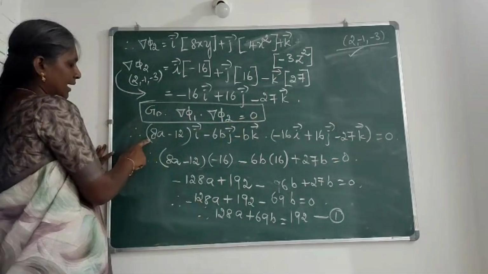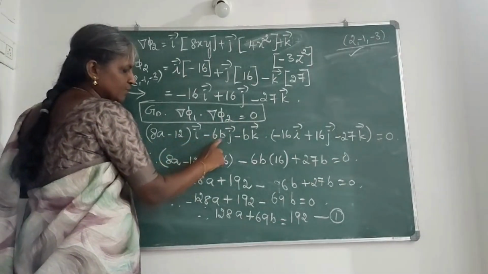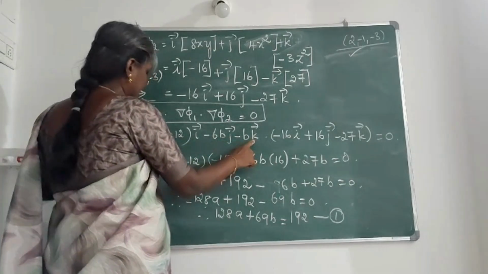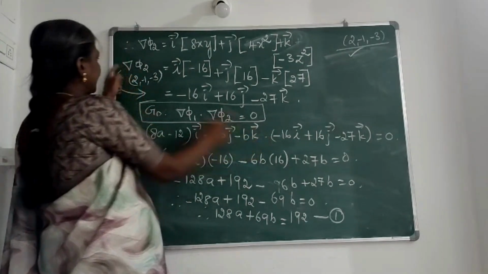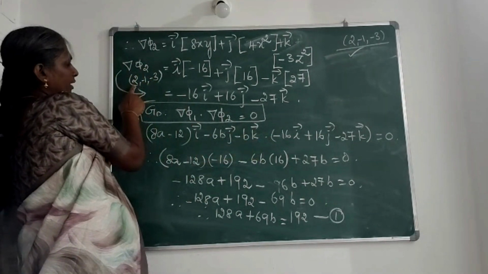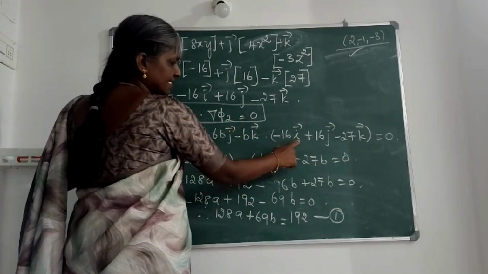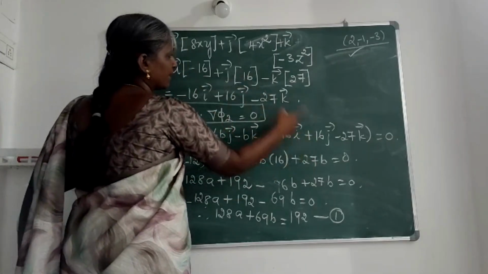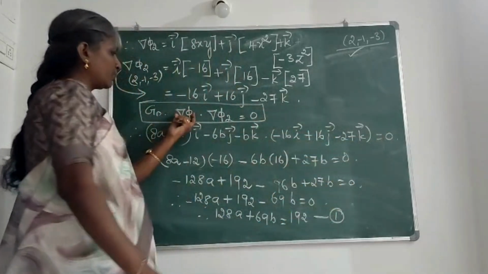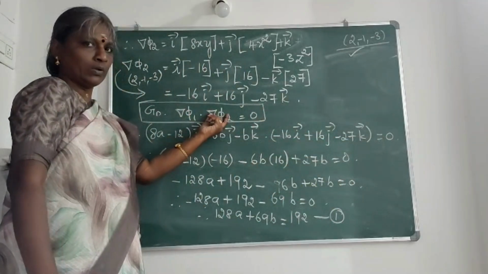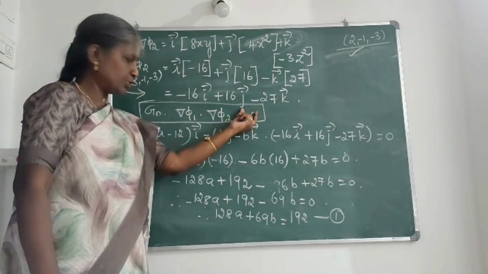Del pi 1, we already found, is 8a minus 12 into I vector minus 6b j vector minus b k vector, for del pi 1 at the particular point, dot del pi 2 at the point 2 comma minus 1 comma minus 3, which is minus 16 I vector plus 16 j vector minus 27 k vector, equivalent to 0.